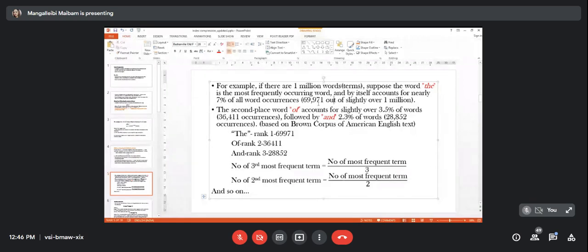So from referring to the book, for rank 1, it occurs this number of times; "of" is rank 2 and occurs 36,411 times; and "and" is rank 3 and occurs 28,852 times. It is the same example I gave now: "the" occurs 200 times, "place" 100 times, "water" 30 times, like that.